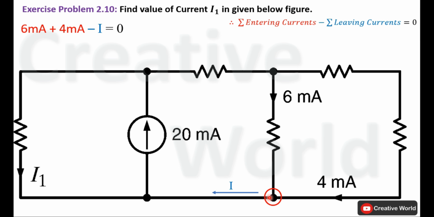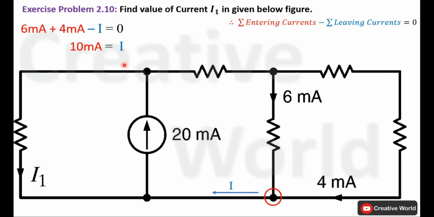Entering currents on this node are 6 mA and 4 mA, while the leaving current is only one, that is I. Place this I on the other side of the equal sign to make it positive and add these currents together to calculate the value of I, that is 10 mA.